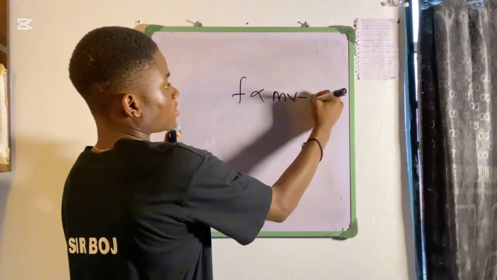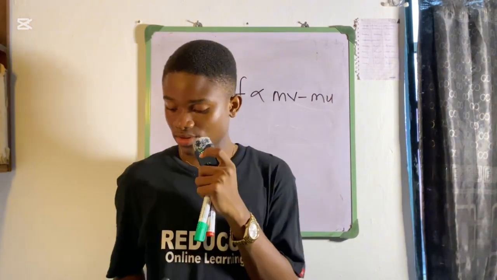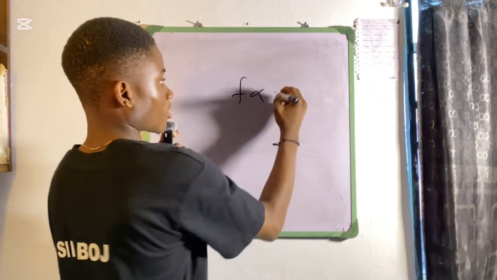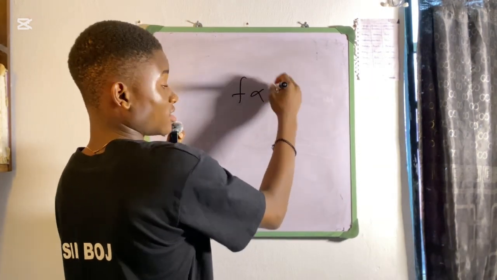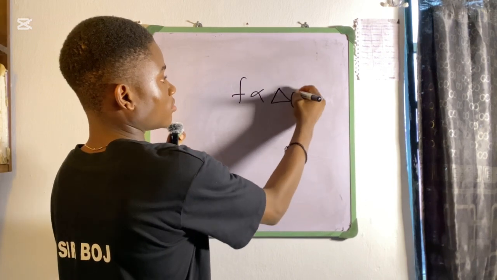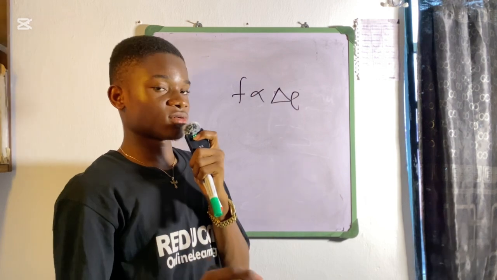Remember, I said momentum is mass times velocity. Okay, let's put it this way: change in momentum. This is the sign for change. Okay, momentum. All right. So I know that change means final minus initial.